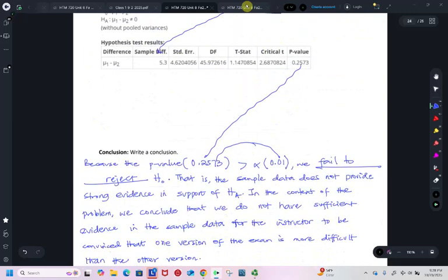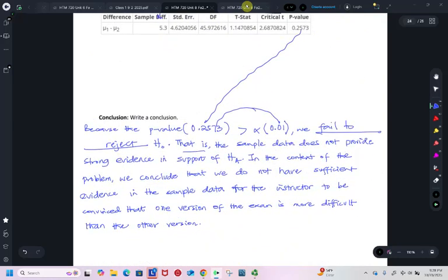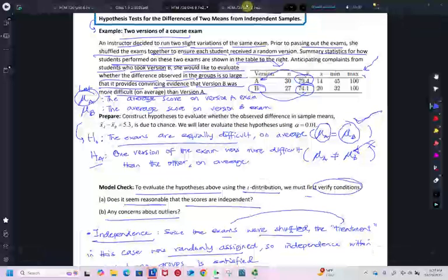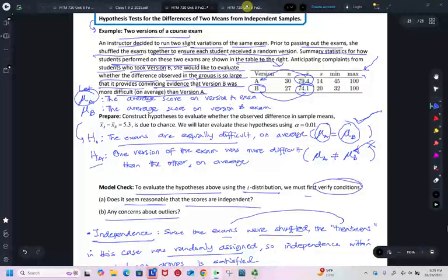So we write that down. This means that the sample data does not provide strong evidence in support of the alternative. In the context of this problem, this means that we do not have sufficient evidence in the sample data for the instructor to be convinced enough to conclude on the alternative that one version of the exam was more difficult than the other.